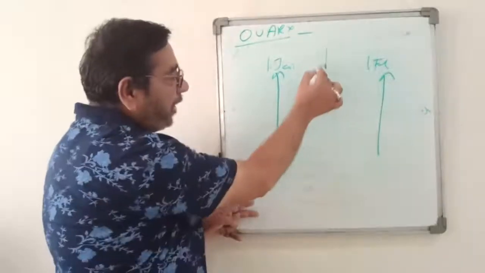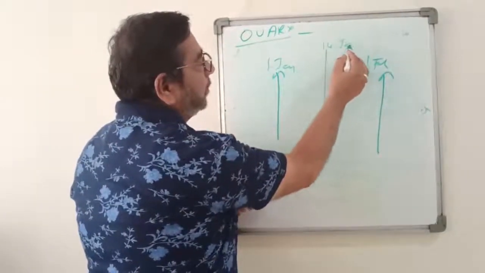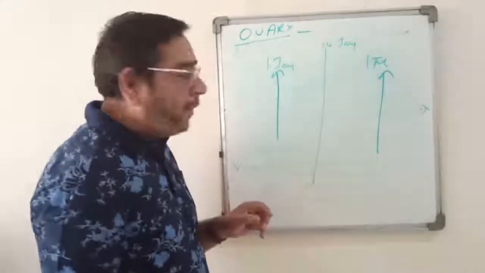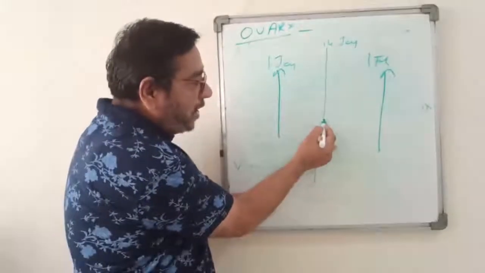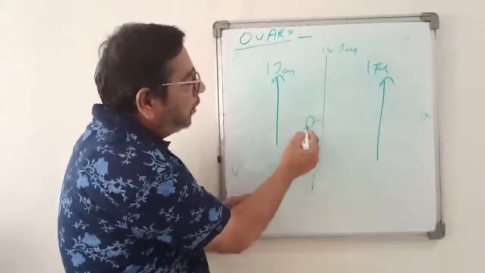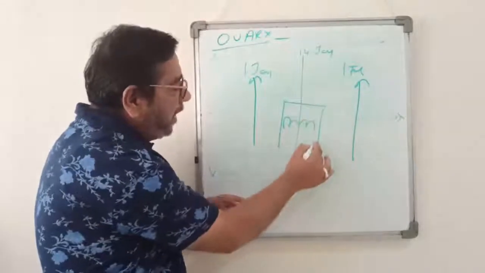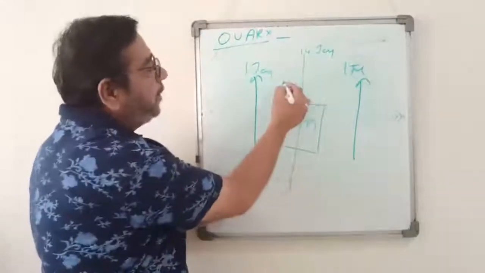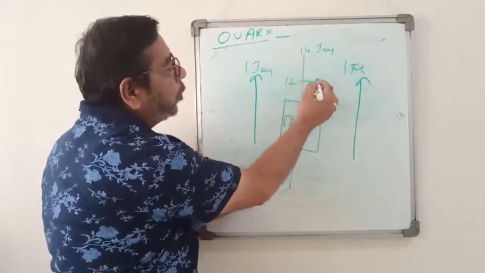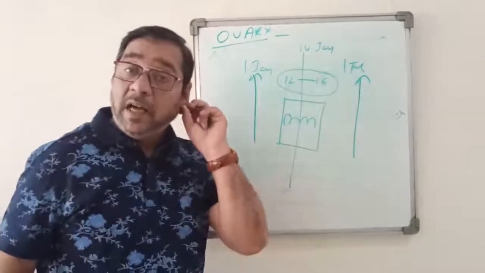So the ovulation takes place on the 14th day, say 14th Jan. Okay, so this 14th Jan, it can be 1 or 2 days before or it can be 1 or 2 days after. So we consider these 4 to 5 days, that means from 12th to 16th January, as an unsafe period.